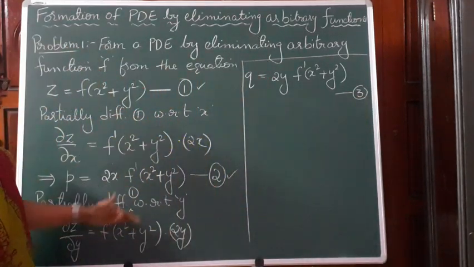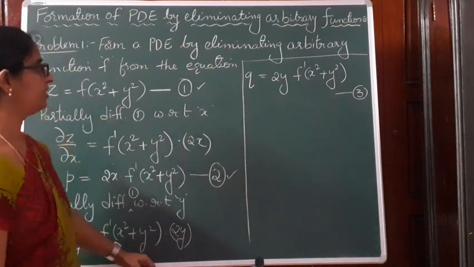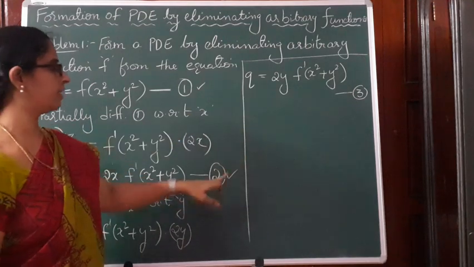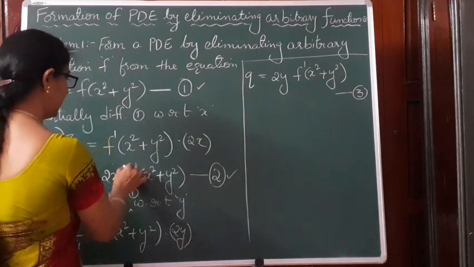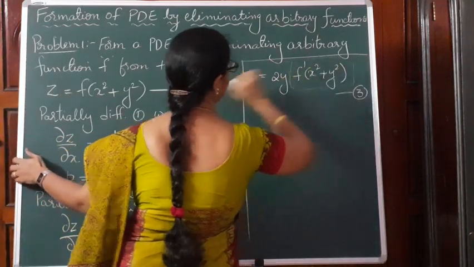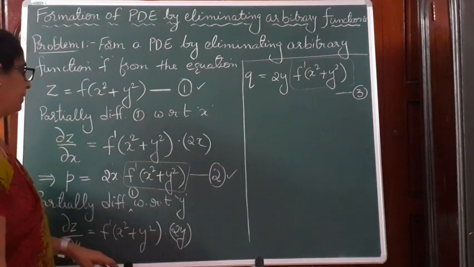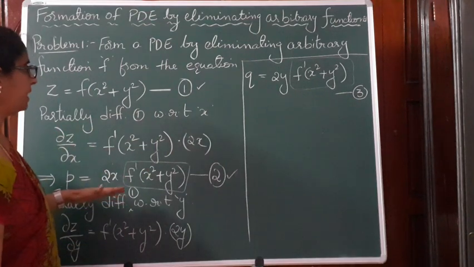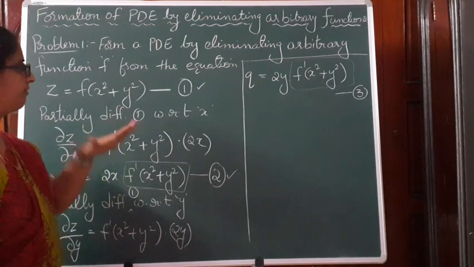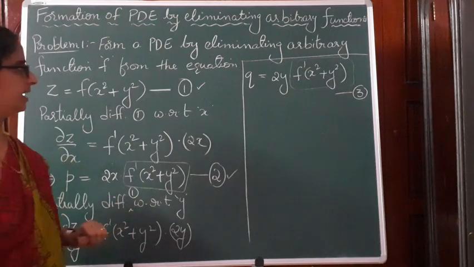Now from 1, 2 and 3 we have to eliminate the arbitrary function f. If you look at equation 2 and equation 3, we have the f dash of x square plus y square term in common, with a product of 2x here and 2y there. So to eliminate this f, we divide 2 by 3, so that f dash gets cancelled and we only have p, q and x, y terms.